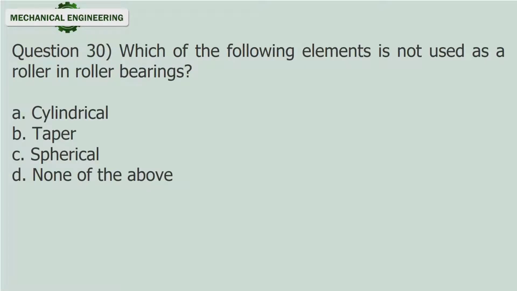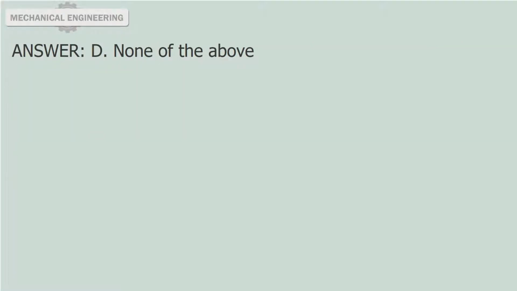Question 30. Which of the following elements is not used as a roller in roller bearings? A. Cylindrical. B. Taper. C. Spherical. D. None of the above. Answer: D. None of the above.